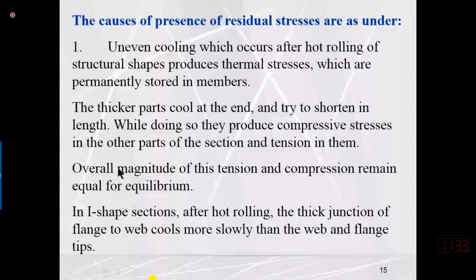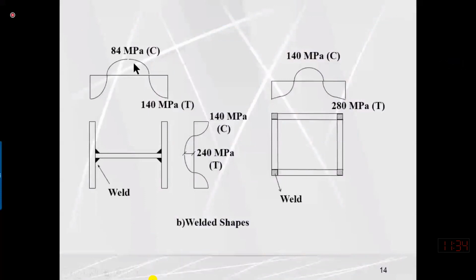The overall magnitude of this tension and compression remains equal, in equilibrium. It means that the compressive forces developed in the member due to compressive stresses and the tensile forces developed in the section due to tensile stresses will be in equilibrium. So net stresses are equal to 0 along the cross section. But some portion will be in compression and some portion in tension.